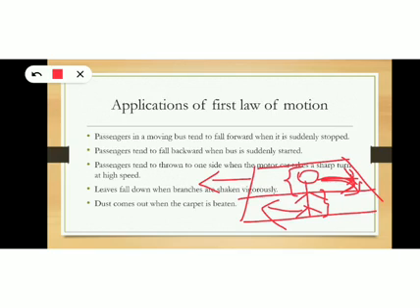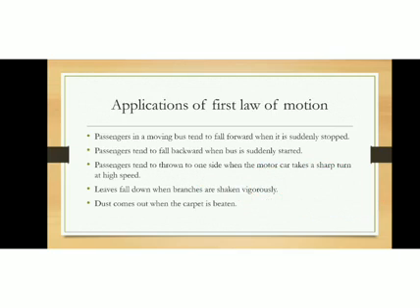Okay, now consider the next example. Passengers tend to be thrown to one side when the motor car takes a sharp turn at high speed. You might have experienced this situation whenever you travel in your car. Whenever the motor car takes a sharp turn, you are thrown to one side of the car.